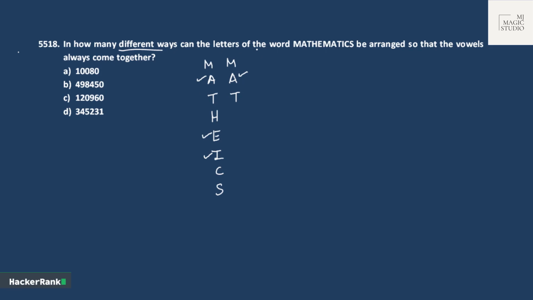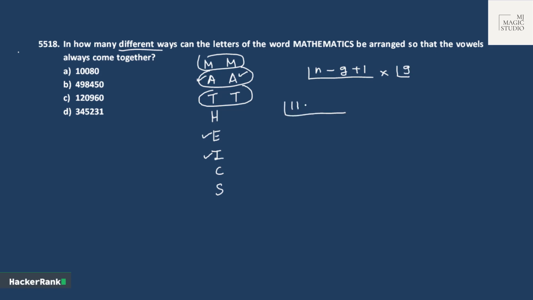We need to arrange these 11 elements where 3 elements are occurring 2 times such that 4 vowels always come together. We'll use the grouping formula: factorial (n minus g plus 1) into factorial g.